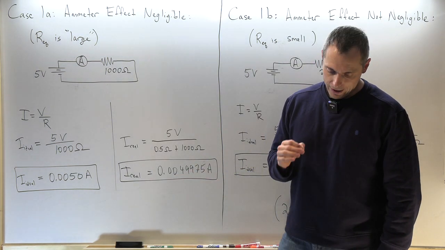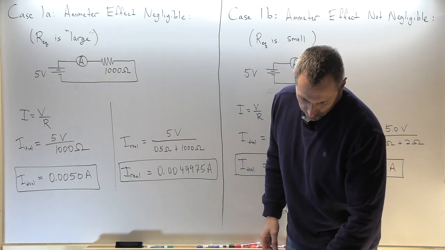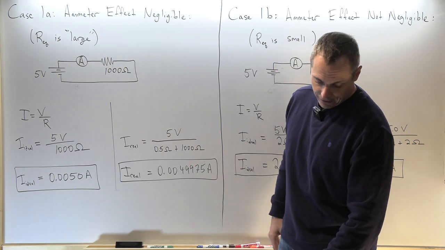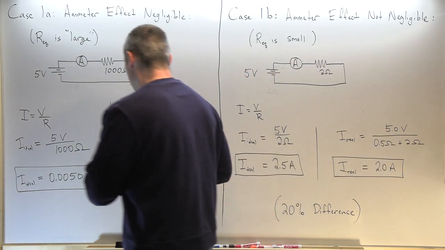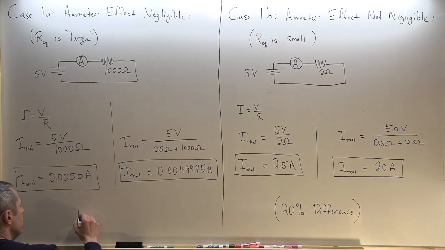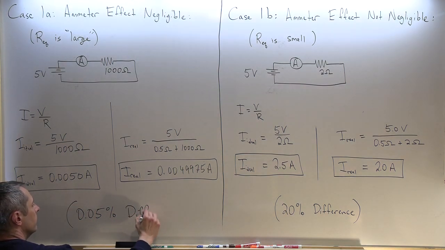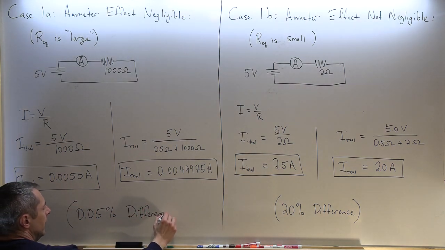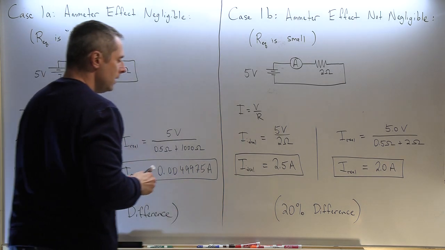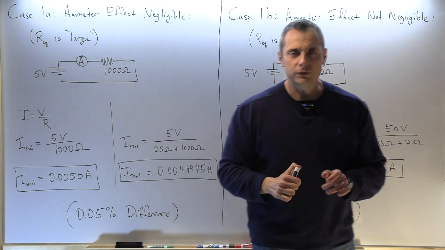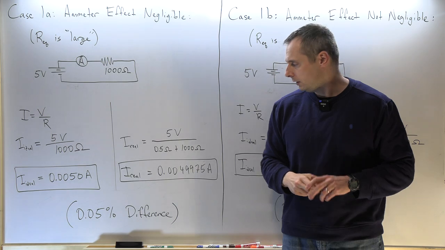Not much. In fact, if you calculated the percent error, or the percent difference, between these two, you would get about 0.05% difference. Or you could say error if you want. So that doesn't make much of a difference in your measurement at all.